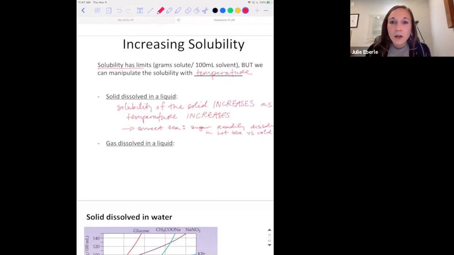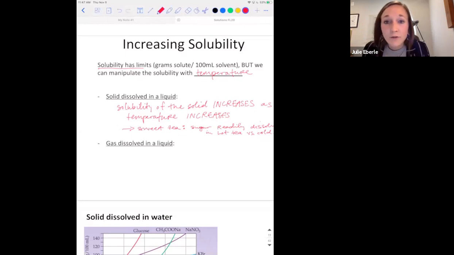So think about your favorite carbonated drink. If you have that thing cold versus room temperature, and you crack it open, would it be more fizzy if it's cold or if it's hot? Or we should just say lukewarm. Would more gas be dissolved in something that is cold or something that's hot? That's correct. Cold.